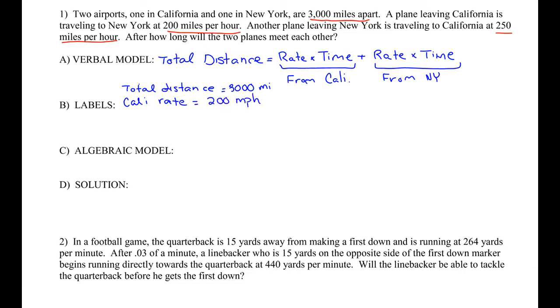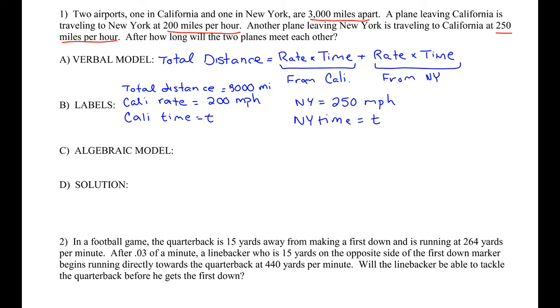But we don't know the time, so we're going to represent that with the variable t. I also need to look at the rate of the plane coming from New York, which was 250 miles per hour. And the New York time, which again is unknown, and again will be represented with the variable t.